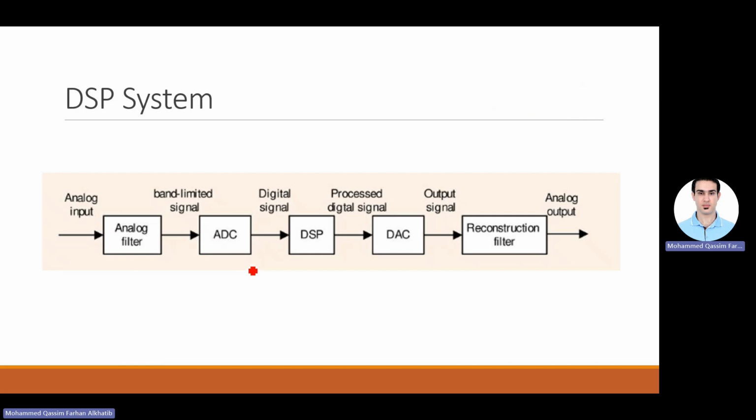Usually DSP systems consist of these main components. You have an analog input, and this input will pass through a filter. We'll mention the importance and use of this filter. The output of this filter is what we call a band limited signal.